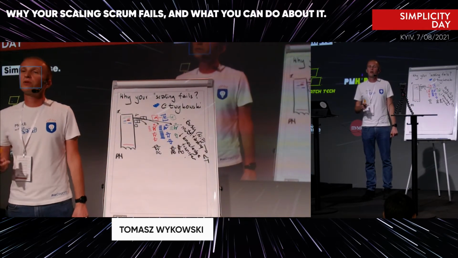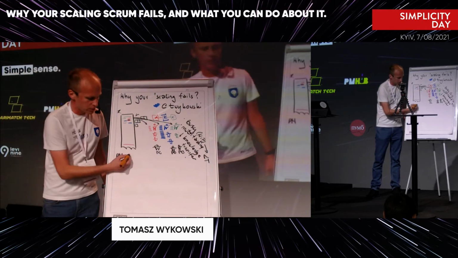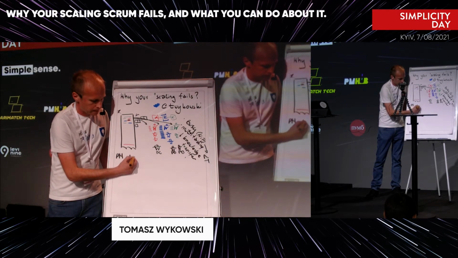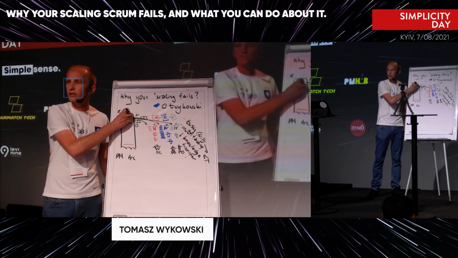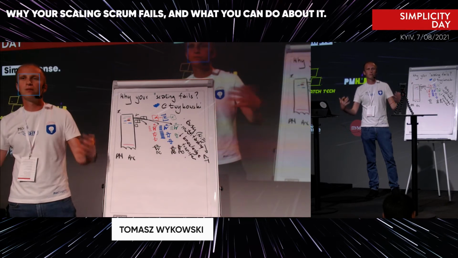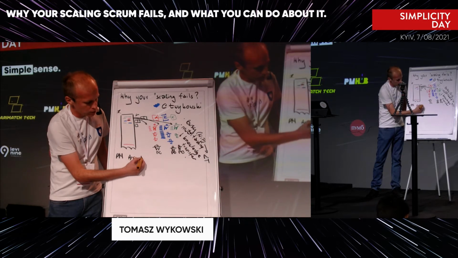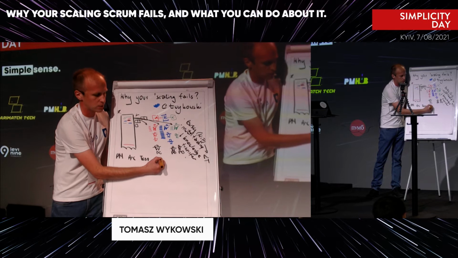And we need to figure out which part of the system will be here and which part of the system will be here. So most likely we need to have architects. Then we need to have people who are going to see if it works together, because that's not the specialization of one team, but we need to make sure that both teams work together. So we're going to have an integration test team, and so on and so on.